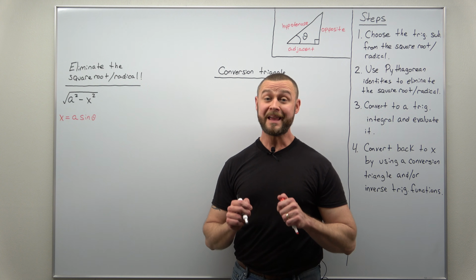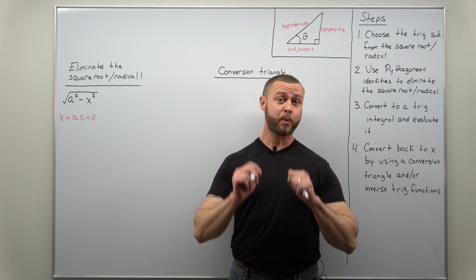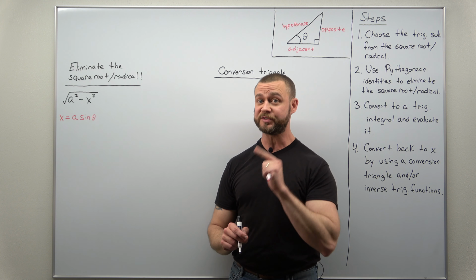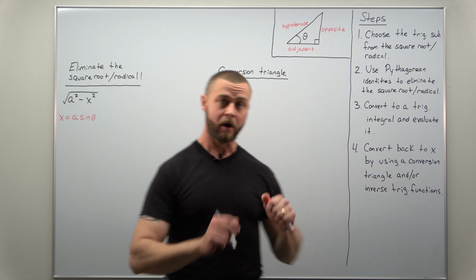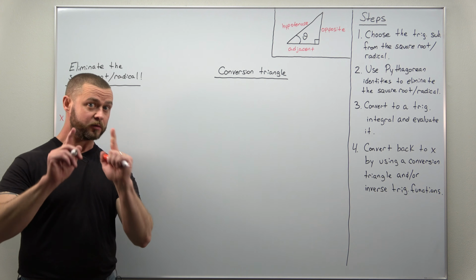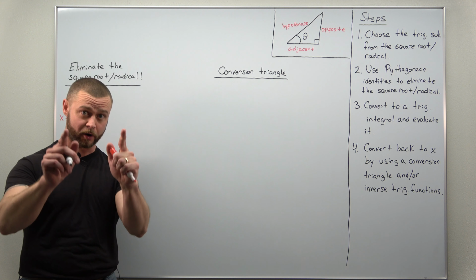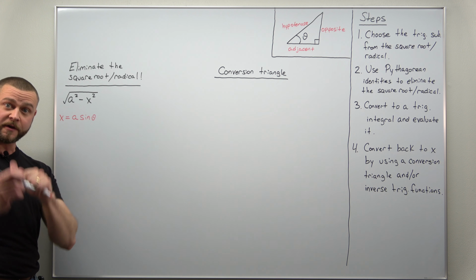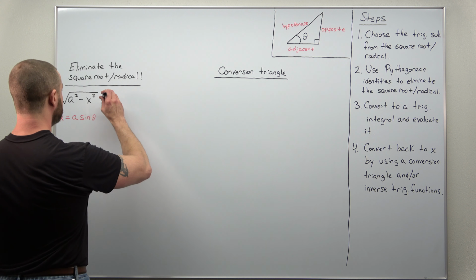Let's start by eliminating the first radical, the square root of a squared minus x squared, with the substitution x equals a times sine of theta. This is standard work for all trig substitution problems. We're going to go through it in detail. So for your radical, start by plugging in the appropriate substitution.